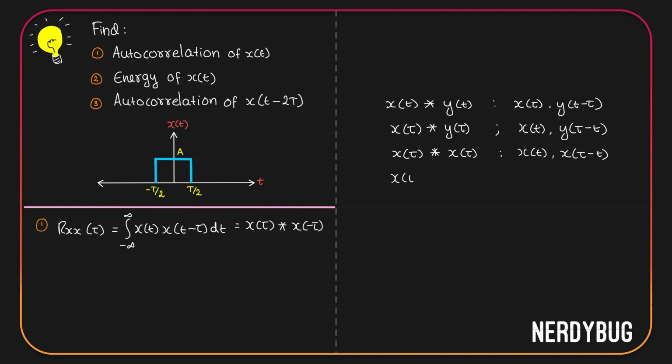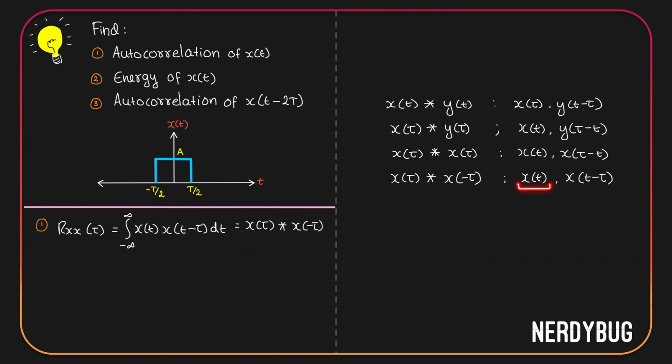Okay, now what if I want x of tau and x of minus tau? The first one is still x of tau, so I will take x of t. For the second one, if it were x of tau, I would take x of tau minus t. If I am taking x of minus tau, there is a time reversal, then I would take x of t minus tau. What I want here is the convolution between x of tau and x of minus tau.